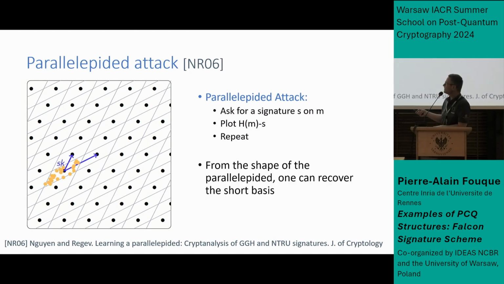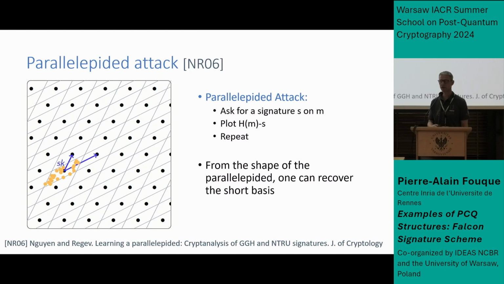And if you can do this many, many times, at the end you will see that you closely cover the whole parallelepiped that you begin with. From this parallelepiped, or from the set of all the points that you get, you can recover the short basis using some clever gradient descent algorithm.